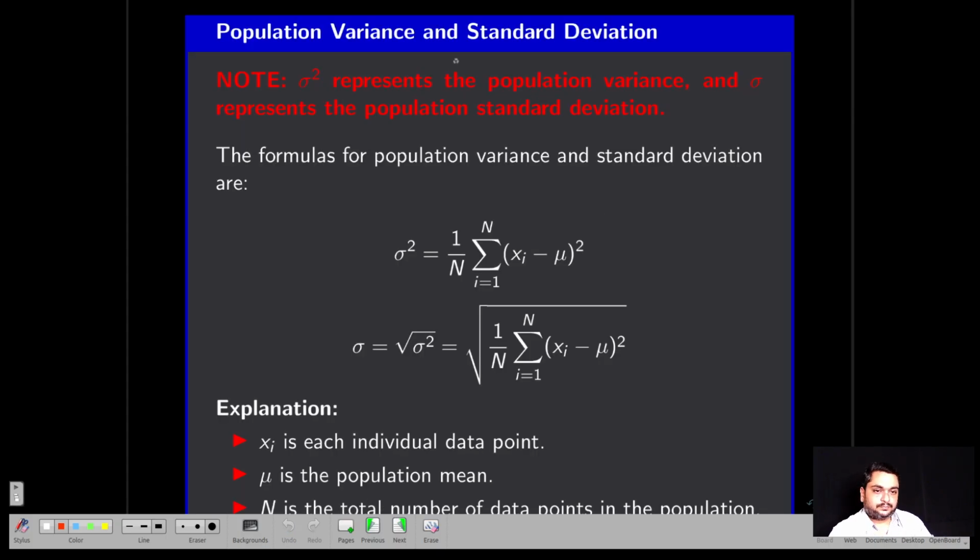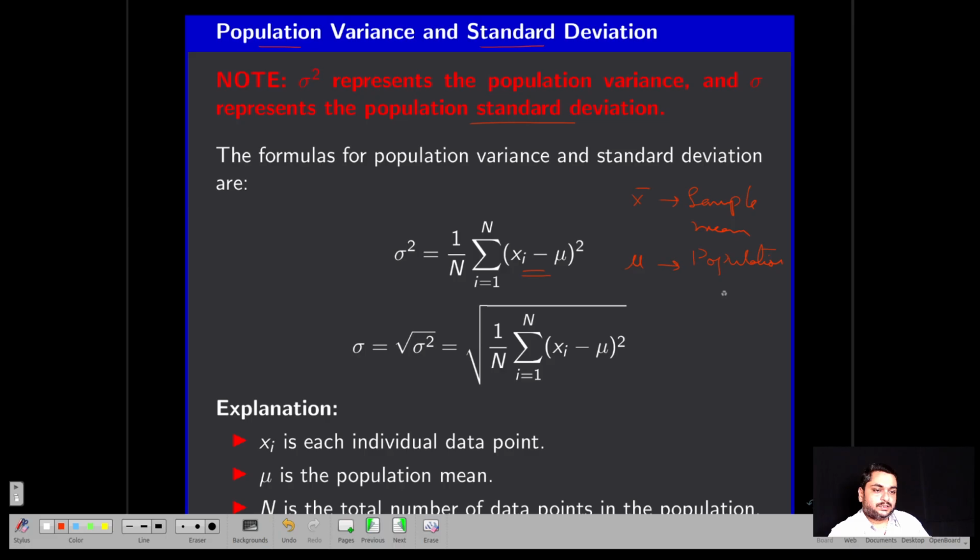That's why I asked you to remember that we are dealing with a sample. Now we will come to the population variance and population standard deviation. Sigma square represents the population variance and sigma represents the population standard deviation. Everything remains the same. When I say x bar, it's the sample mean, as I told in the first video. When I say mu, I'm saying it as the population mean.